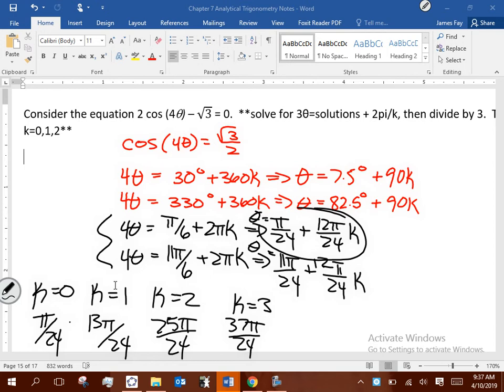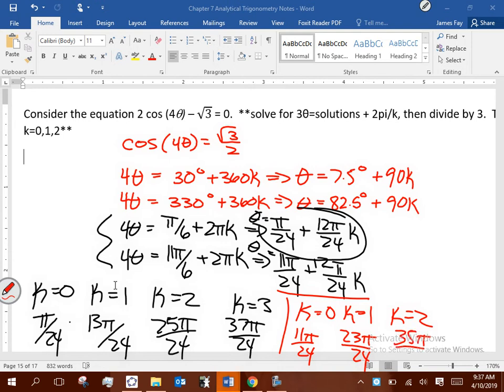Now, if I do the same thing in that bottom one, we're going to start with 11 pi over 24 for the first, k equals 0. When k equals 1, we'll then add 12 pi over 24 to that, so it'd be 23 pi over 24. K equals 2, it'd be 35 pi over 24.